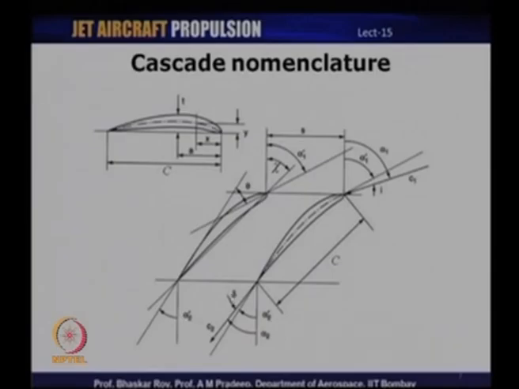So, cascade has all these different terminologies that define some of the geometric parameters, and from these parameters it is possible for us to calculate certain other performance parameters, which we will discuss shortly.